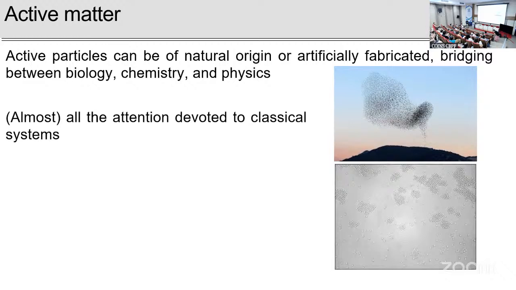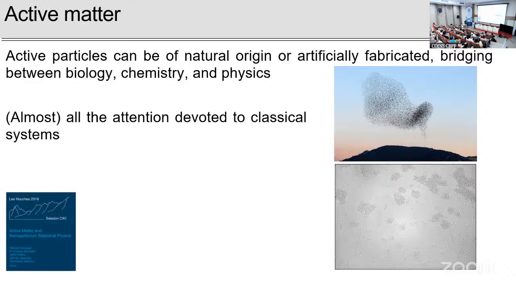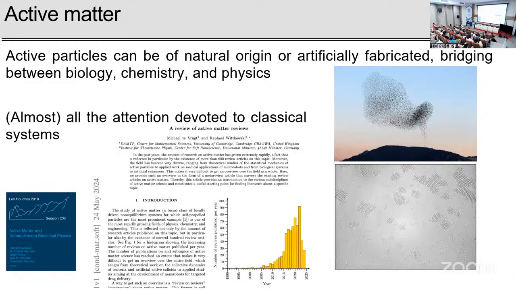So far, essentially as far as I know, all the attention has been devoted to classical systems. And just to give you an idea, I was pretty shocked about this, of how many papers and works are around. This is a standard diagram of the number of reviews appearing as a function of years, and you see you go to something like hundreds of reviews per year, okay?